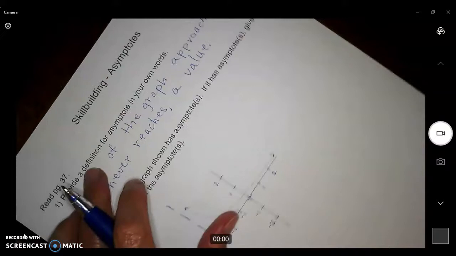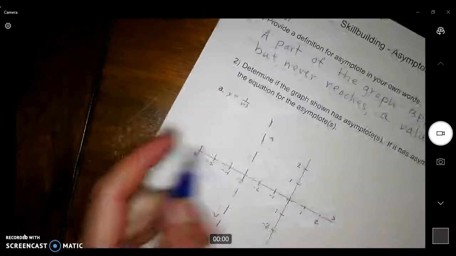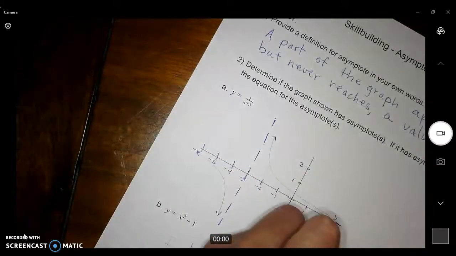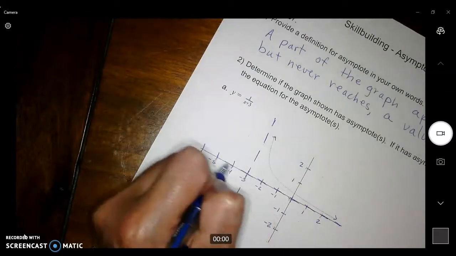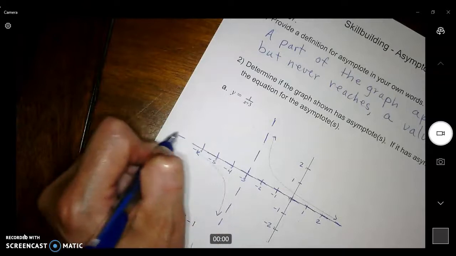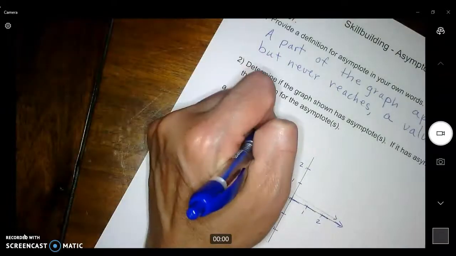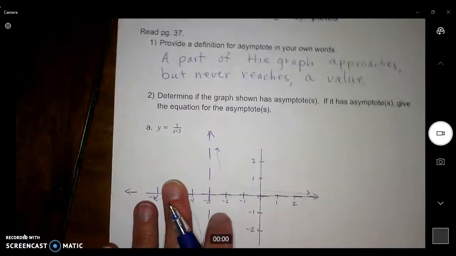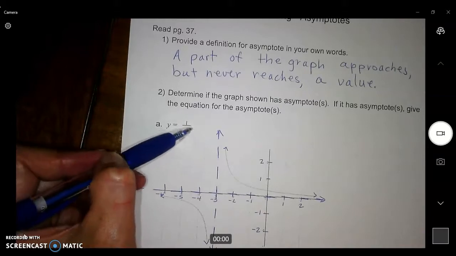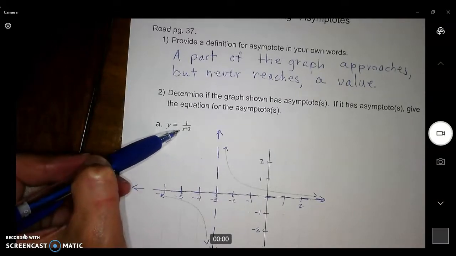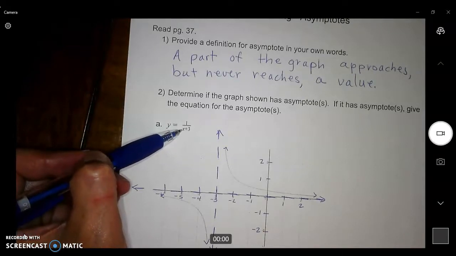The TI-83s in my classroom do not do that. But you can also use the table and the equation to help you determine if there are asymptotes present or not. A lot of times they are an area that has an undefined value. So if I look at this graph right here, there is a value that if I plugged it in here would cause a divide by zero error. And that value is x equals -3.